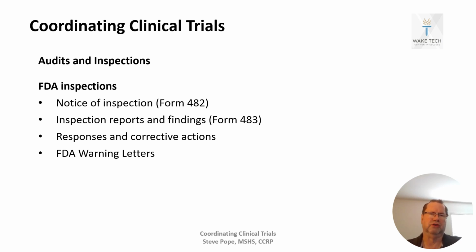Once they conduct the inspection and they have findings, they're going to issue what's called a Form 483, and that's going to identify what items they found and what they expect the corrective actions to be. And once they do that, you're going to have your responses and corrective actions to take, which means you're going to need to either discuss that with them at the time that they're there, or you may need to follow up later in writing to address those findings. And then finally, FDA warning letters, we'll get into those here in just a moment.